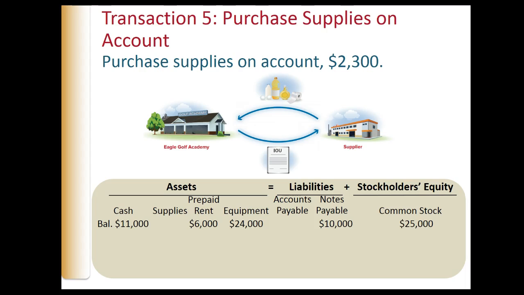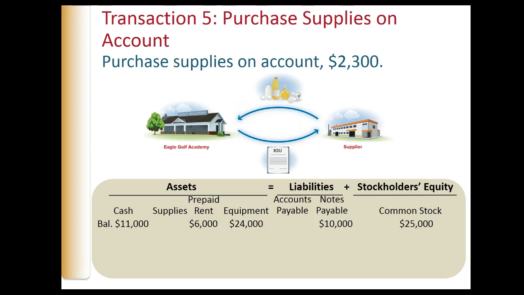Let's look at another one. We purchase supplies on account for $2,300. Now, we purchase supplies with the promise to pay cash in the future. On account means we haven't paid cash. We refer to a liability of this type, in which we are purchasing something on account, as an accounts payable.